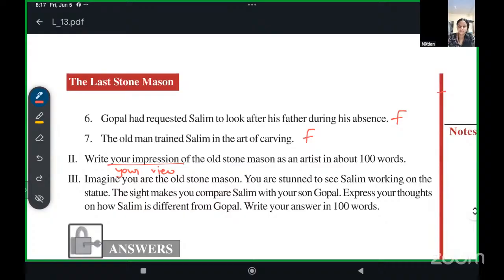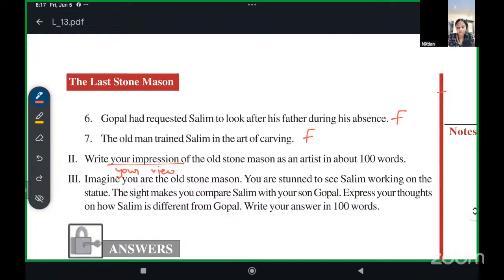My impression of the old man is he's dedicated to his work, even though his son Gopal left him and told him he should earn more money and go to another place. He still has the love and heart for the work that he's doing.